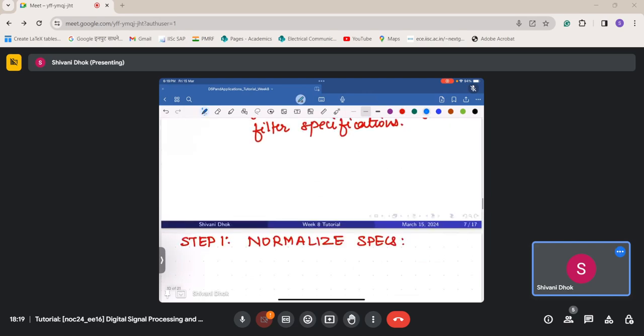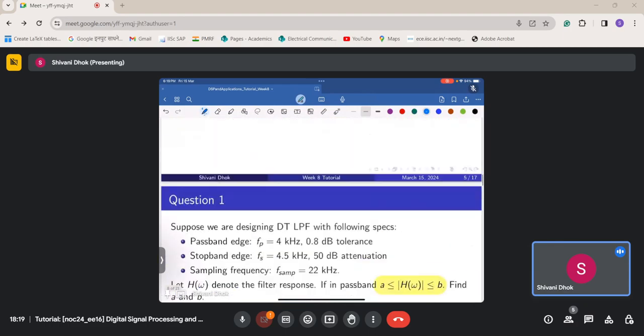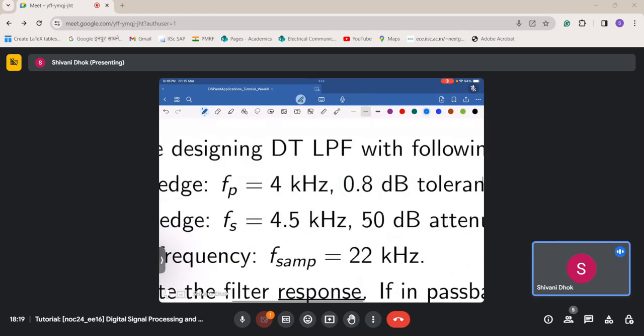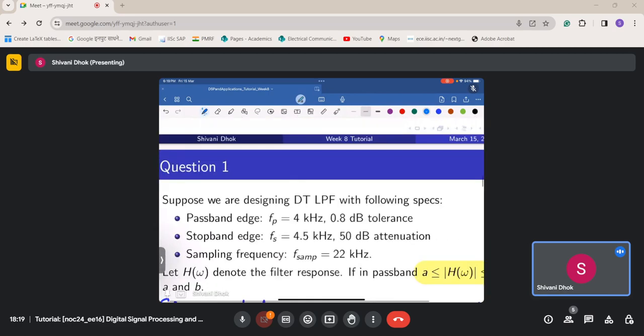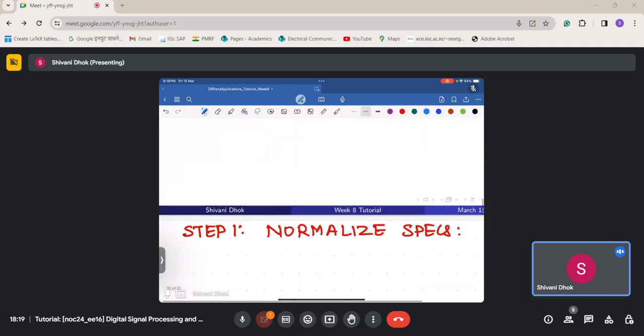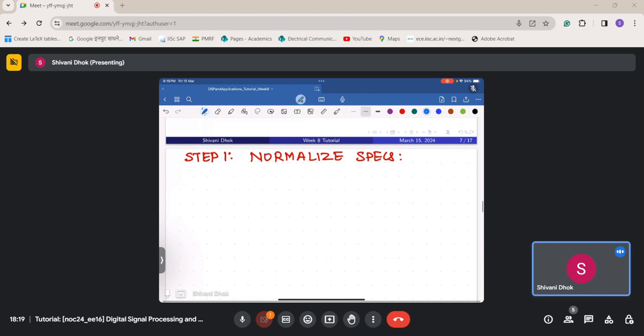Now what is given to us? We have passband edge as 4 kilohertz, stopband edge as 4.5 kilohertz, and sampling frequency as 22 kilohertz. Let me do it for the passband edge.